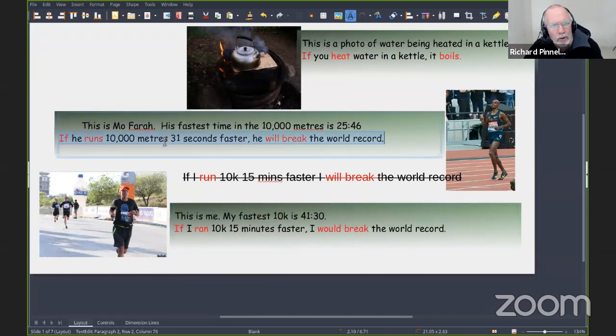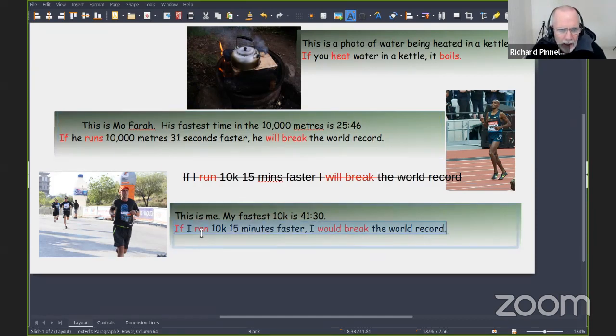So this is a real situation. And when it's a real situation, now or in the future, we use the verb in the present in the if part, and we use the future simple, which is will plus the base verb, or we use any future tense in this part. But when it's a hypothetical situation, this verb here is in the past tense. If I ran. Now, I am not referring to the past.